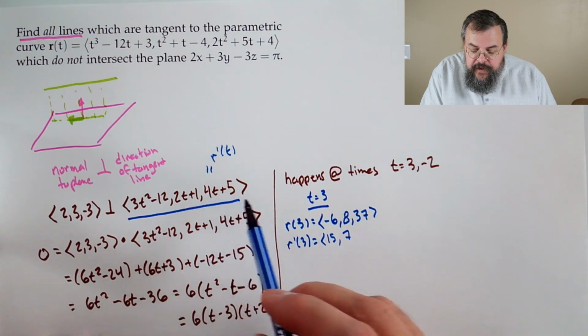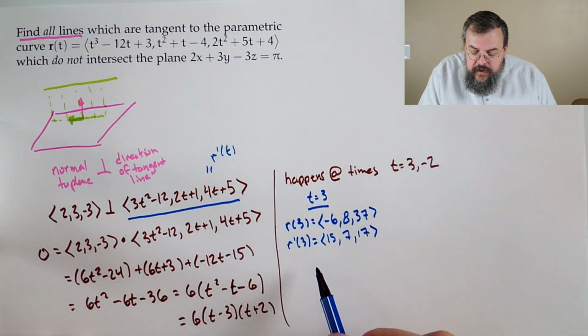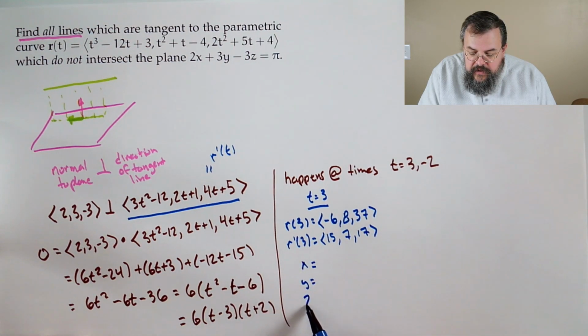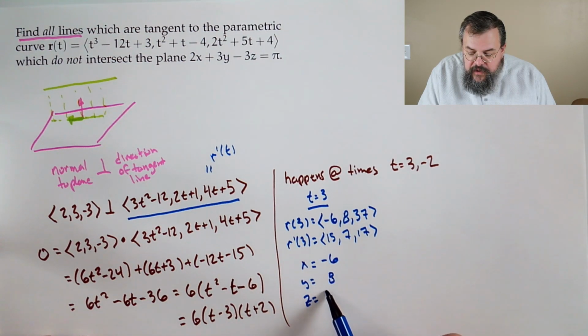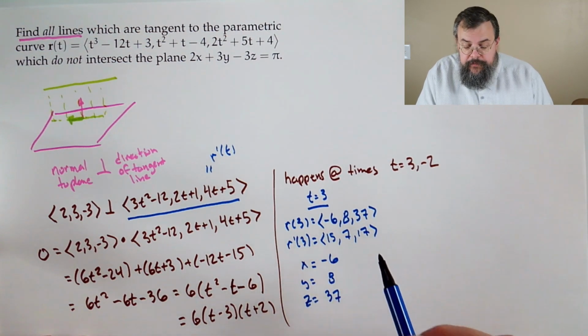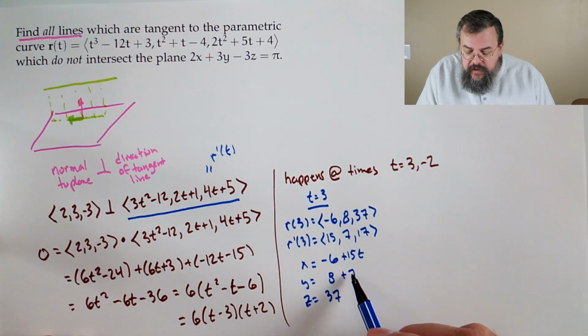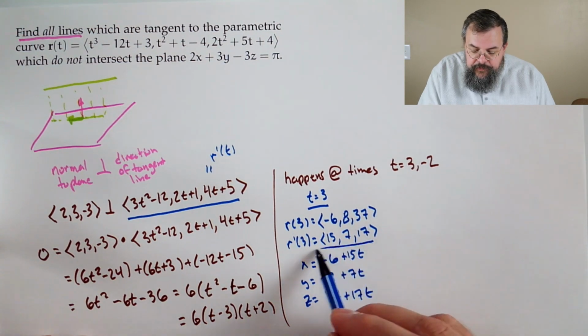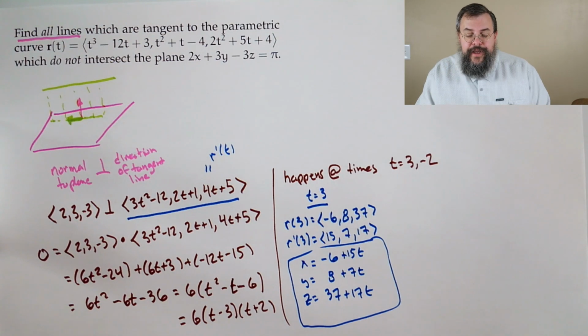And 4 times 3, 12, plus 5, 17. And so we get x, y, z: negative 6, 8, 37. That's our point, plus 15t, plus 7t, plus 17t. Okay, so that's at 3.